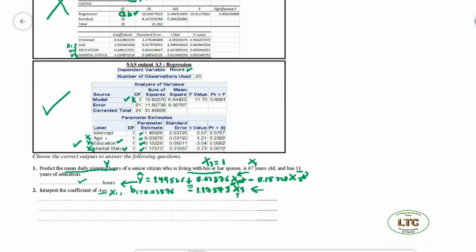How much longer? 0.03876 longer for every year. Okay, for 1 year older. So you describe it like this.